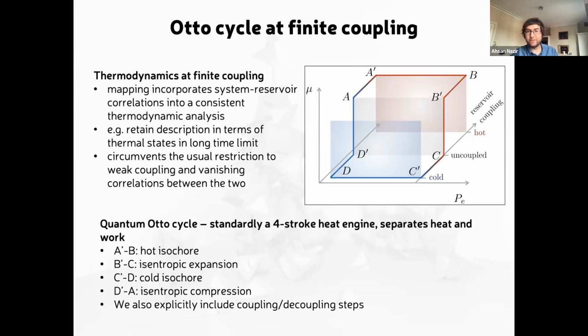From D to D primed, we're decoupling from the cold bath. And then from D primed to A, we have an isentropic compression stroke where the system and environments are decoupled. And so that's a work stroke. And then from A to A primed, we couple back to the hot reservoir again. And so that completes the cycle and takes us back to the starting point again.